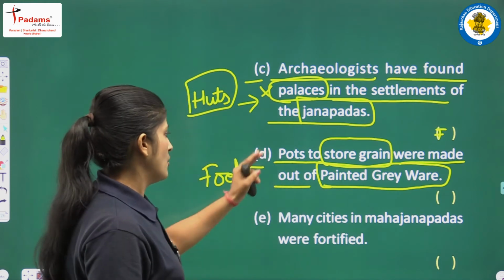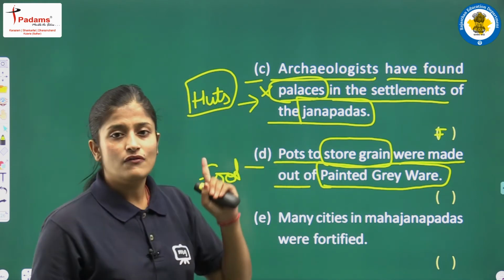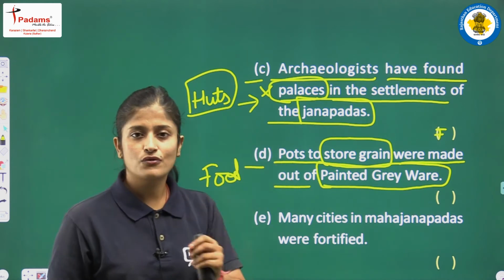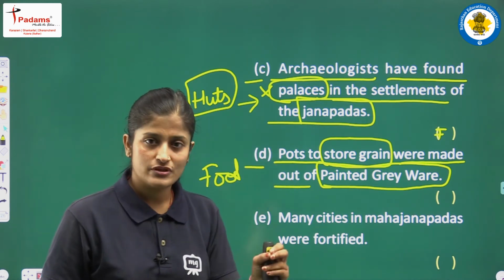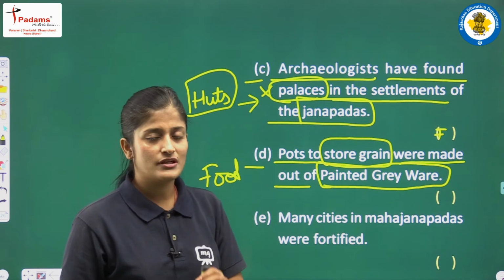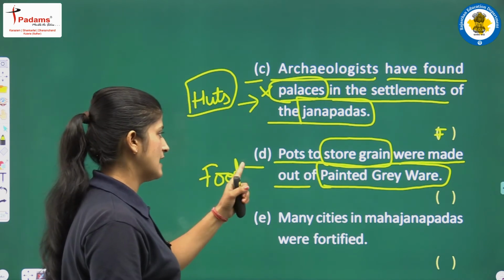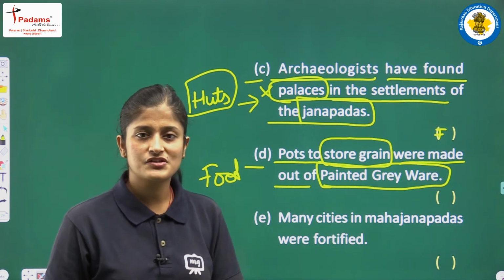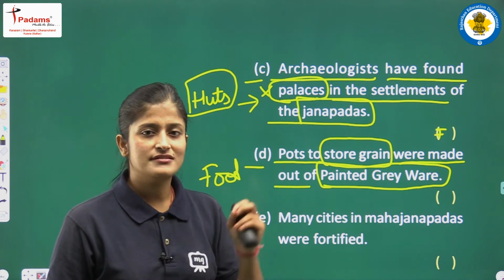So at that time the pots were not used to store grain. They were used to serve food on some special occasion to important people.